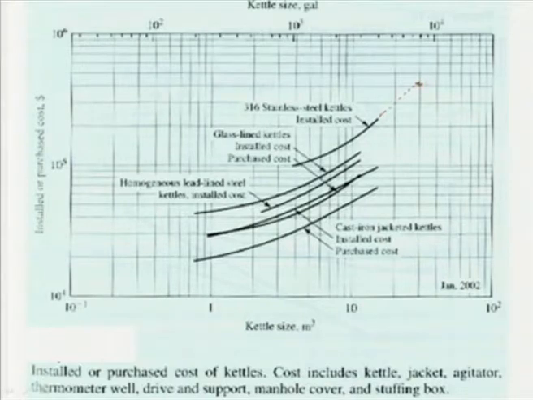Now, if this cost is not affordable, then we can choose a different material of construction, let us say the 316 stainless steel kettles. Here is the cost of the glass lined reactor, $200,000 or $300,000, that I just mentioned.